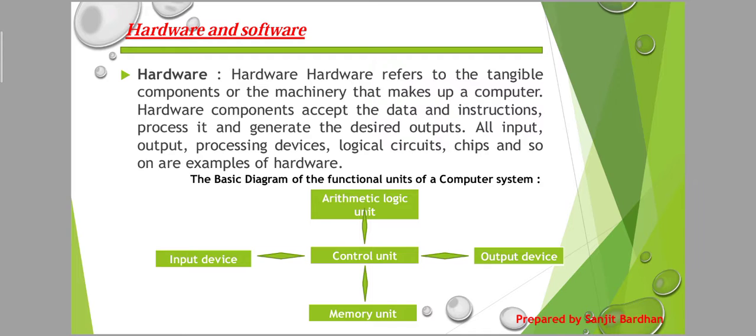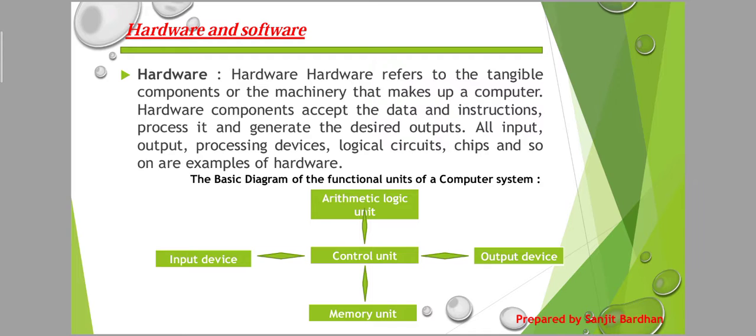What is hardware? Hardware mainly means the tangible components of machinery that make a computer. The machinery components are called hardware. Hardware components accept the data and instruction, process it, and generate the desired output.